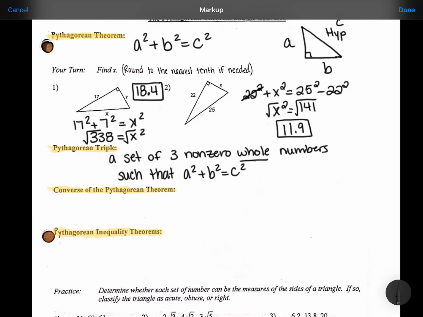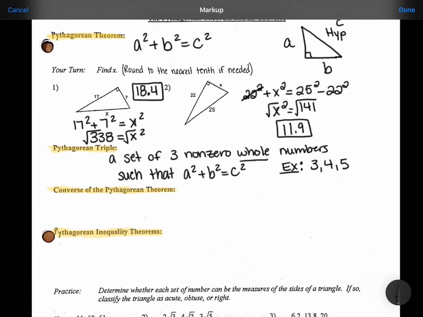In other words, if you're using the Pythagorean theorem and you get all three sides are whole numbers, then it's called a Pythagorean triple. The popular one that we see most often is the 3, 4, 5 triangle. If you have sides of 3, 4, and 5, you have a right triangle, and that satisfies the Pythagorean theorem, and they're all whole numbers. So that's an example of a Pythagorean triple.